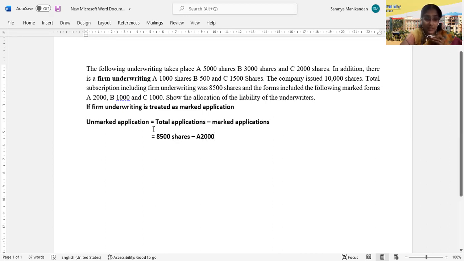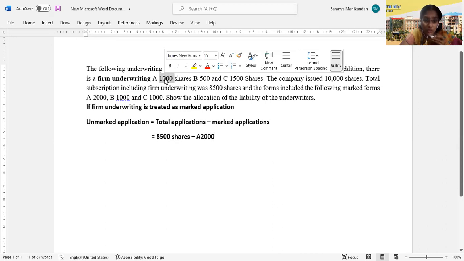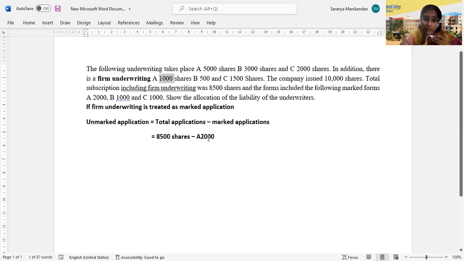Plus we are going to treat the firm underwriting as marked application. Already marked application is given for A as 2,000. Along with that, we treat firm underwriting as marked. For A, it is 1,000. So 2,000 plus 1,000, it has become now 3,000, correct?